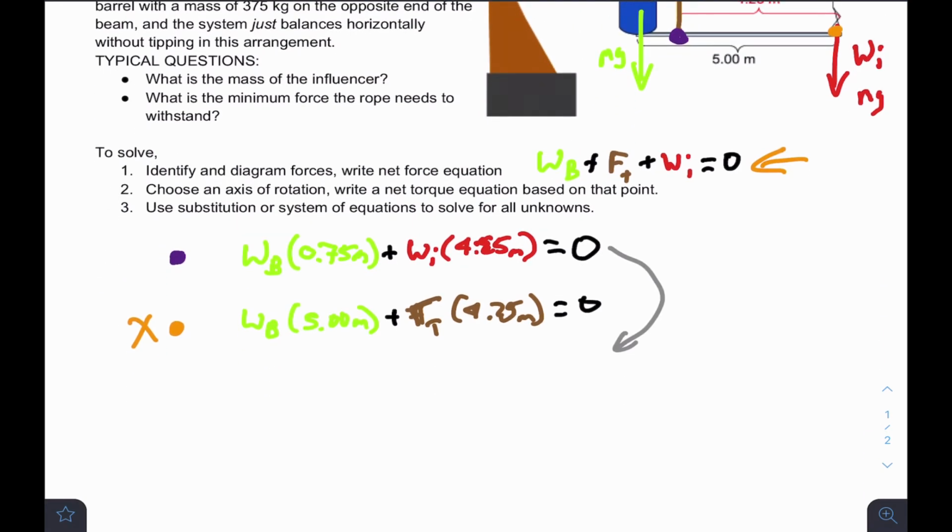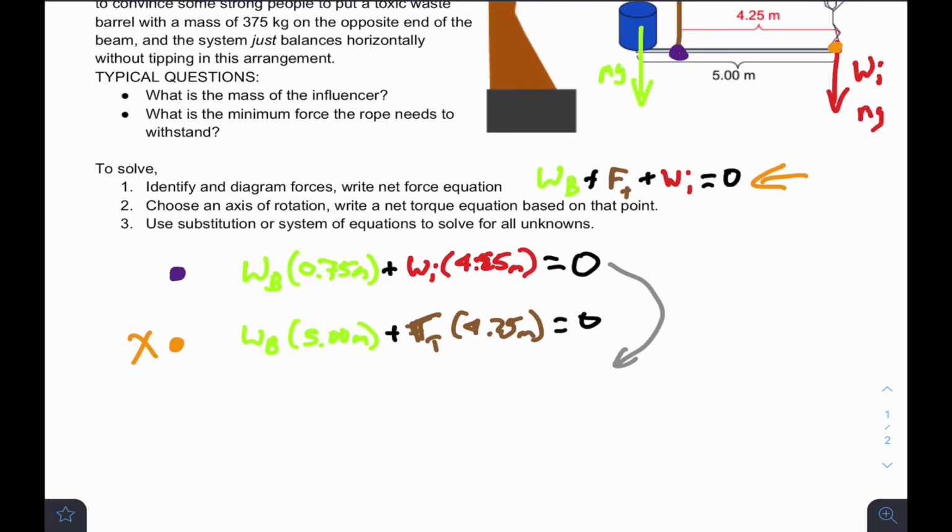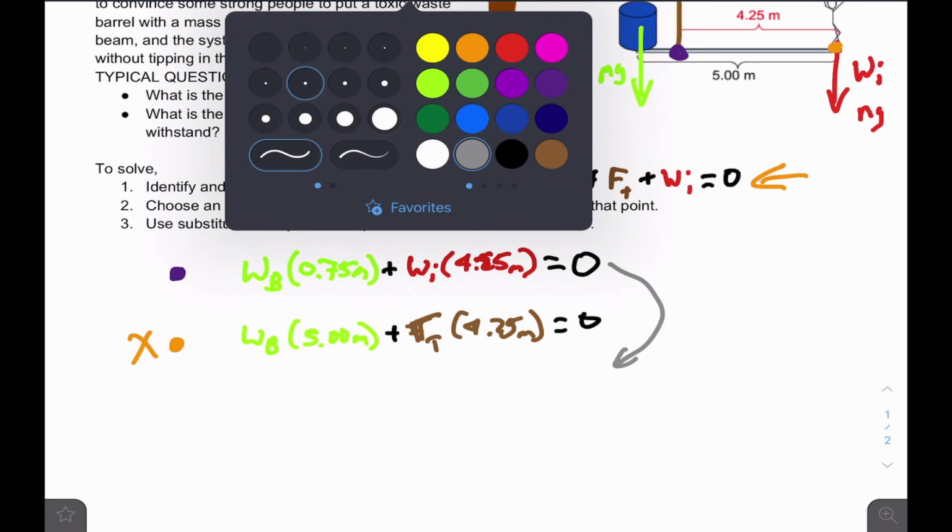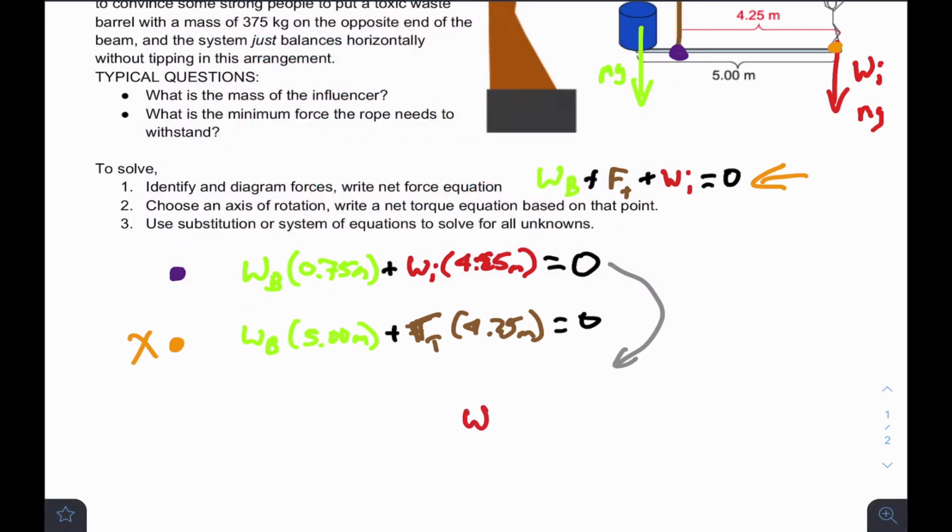If we have more forces, then we have to do more equations and do different substitutions, or we can do a system of equations, and we'll do that as an example when we actually have to take into account the mass of the object that they are balancing on. But here, since I know the weight or the mass of the barrel, 375 kilograms, I can solve for the weight of the influencer.